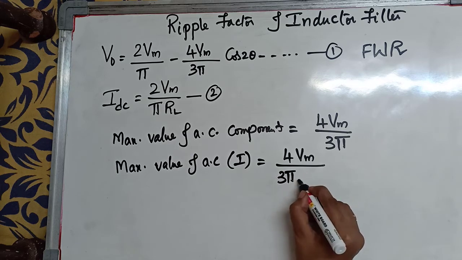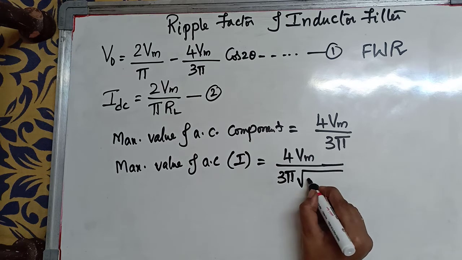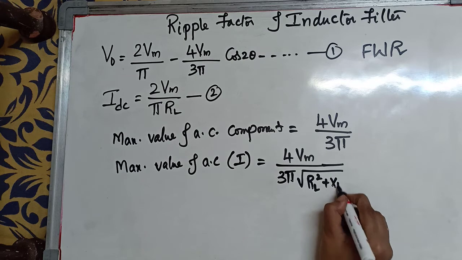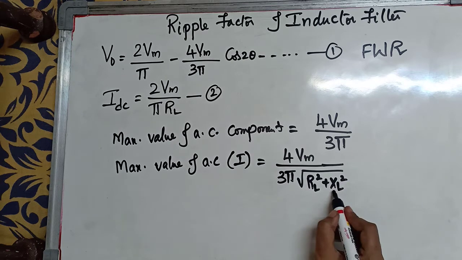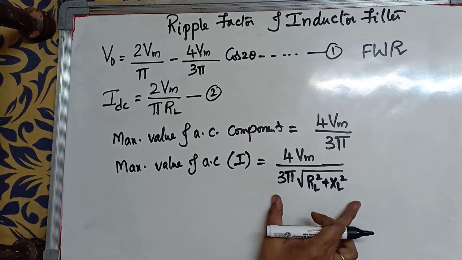Here we have inductor as well as resistor, so therefore the total resistance in the circuit I will write as under root of RL square plus XL square, where XL is the reactance of the inductor. So this is the maximum value of the AC component in terms of current.